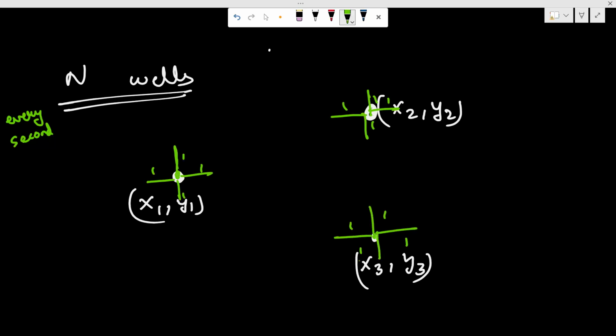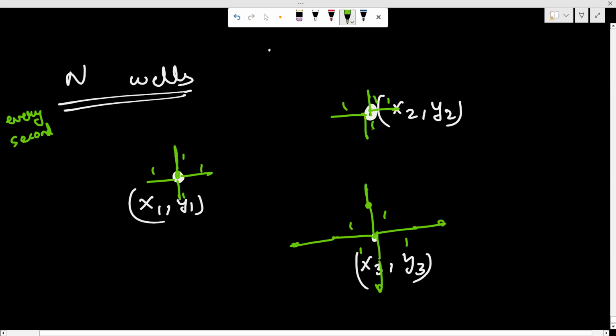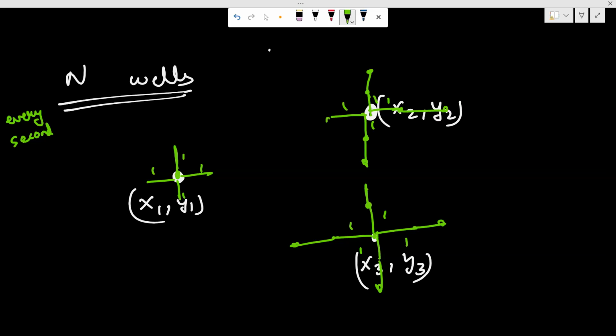Now, what happens the next second? These channels extend more by 1 unit in the cardinal directions. Is this thing clear? What is happening every second?